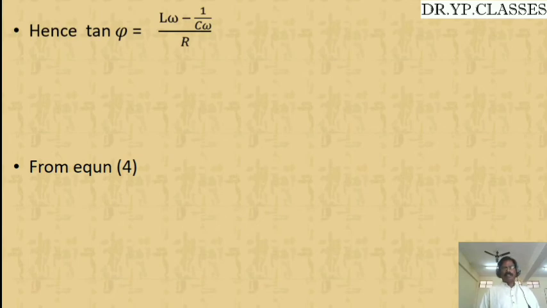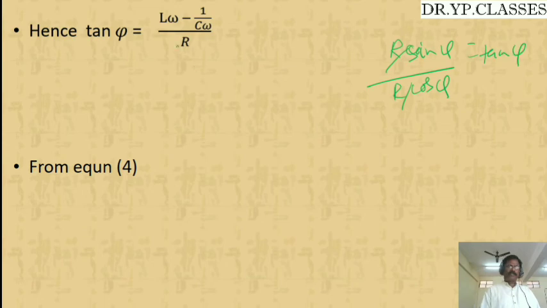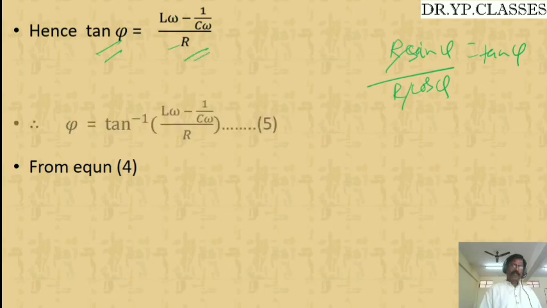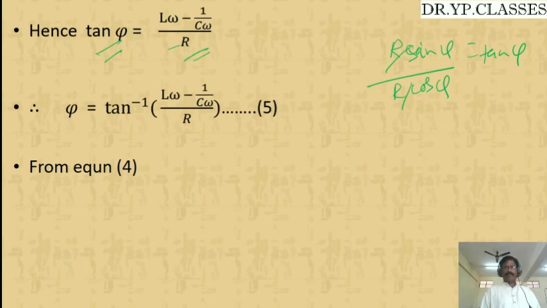We take the ratio, r sin phi divided by r cos phi, r gets cancelled, here we get tan phi. This tan phi is equal to L omega minus 1 over c omega by r. Okay. And phi is equal to tan inverse of L omega minus 1 over c omega by r.